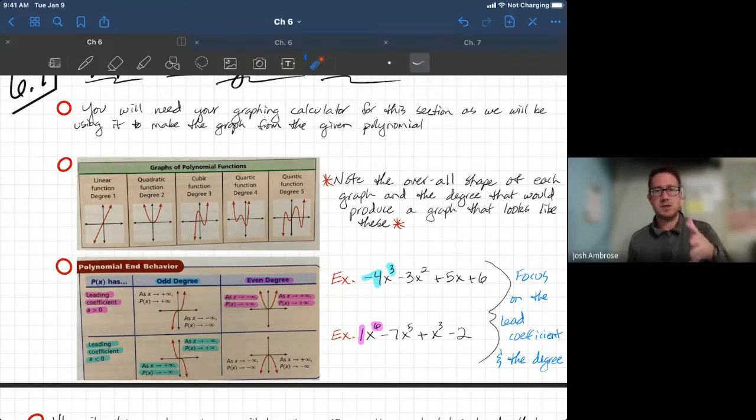Then you look back at this chart: is the first number a negative? Well, then those are on the bottom. Is the first number a positive? Those are the ones on top. And then odd or even degree, meaning is it an odd or an even exponent that goes with the lead coefficient?